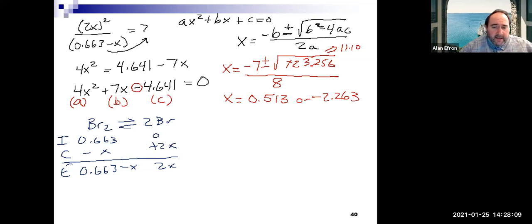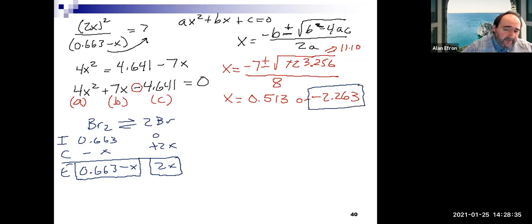Okay. Now, when looking at these 2 possible values for X, you will always end up with one that does not make sense. We're going to take them and put them back into these 2 things. Clearly, one of the things we're going to do is take 2 times X, which means if I take 2 times minus 2.263, I get something like minus 4 point something.